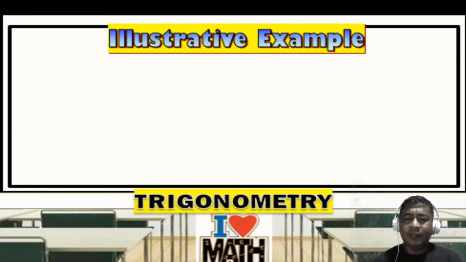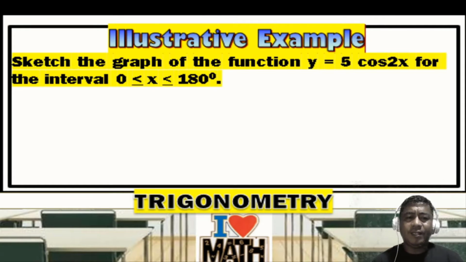Let's have an illustrative example. Sketch the graph of the function y equals 5 cosine 2x for the interval x is greater than or equal to 0 but less than or equal to 180 degrees.